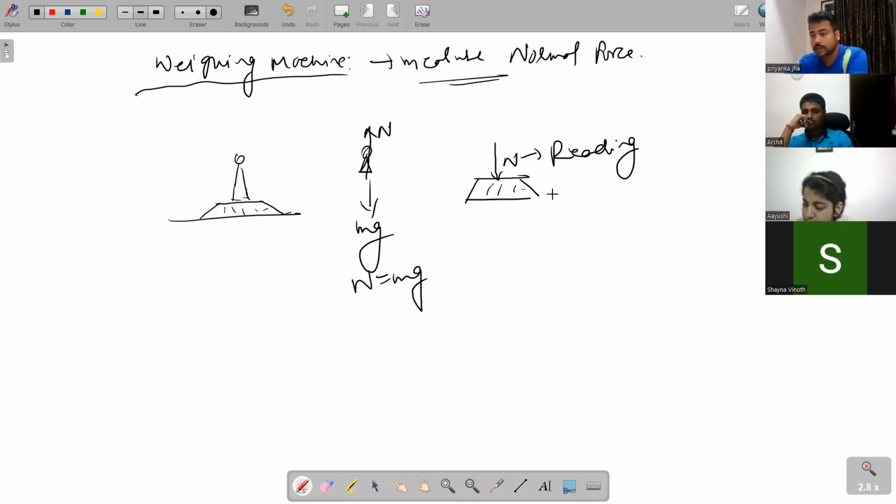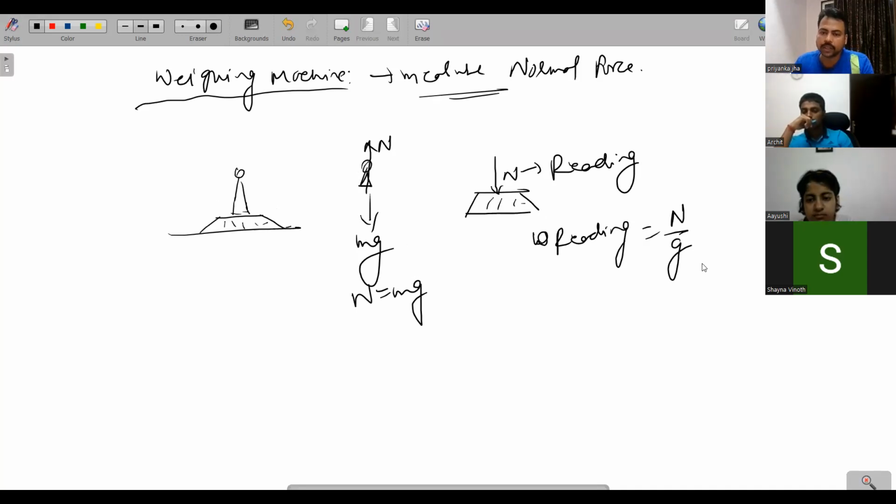See, this is force, but you get the reading in kilogram, right? So basically this is the internal calibration, that is the internal mechanism. So the reading is normal force upon g. This is how the coding of the weighing machine is done.